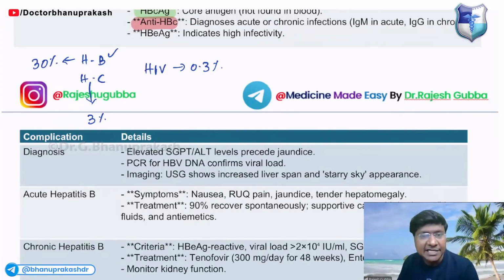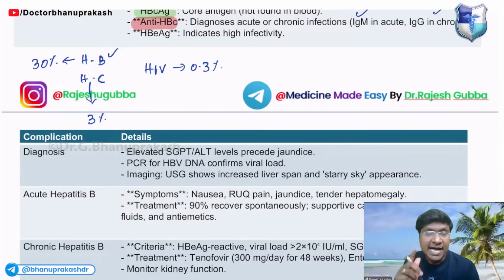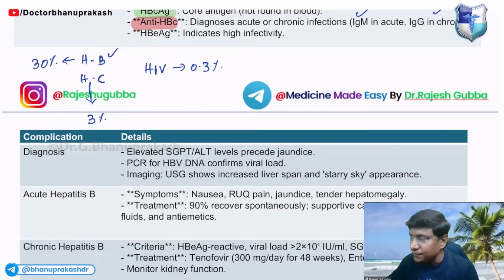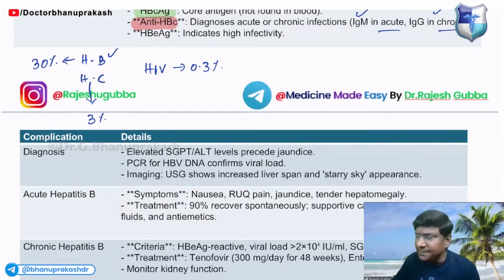And what will be the antibodies? That is the IgM and IgG. IgM anti-HBc in case of acute viral hepatitis. IgG anti-HBc is present in the chronic viral hepatitis. Envelope antigen I have already discussed. That is the one which is seen in case of high infectivity.